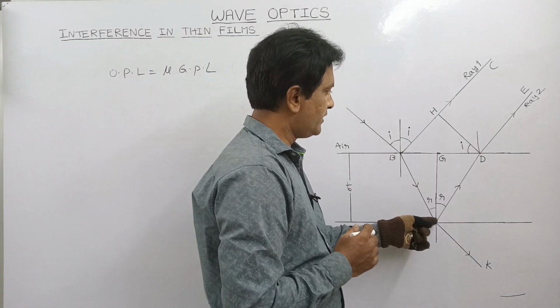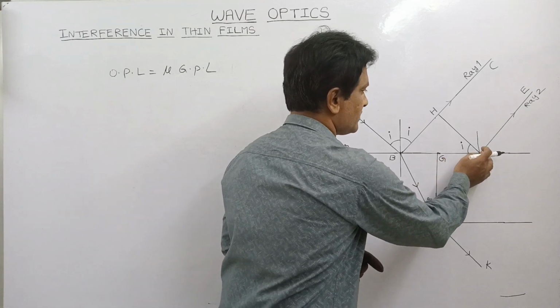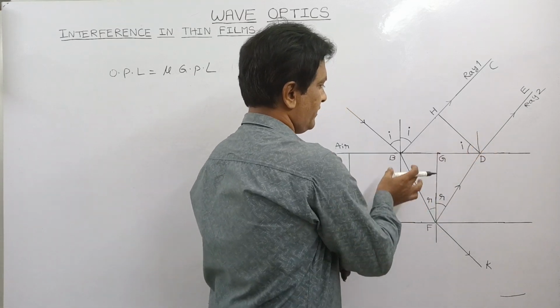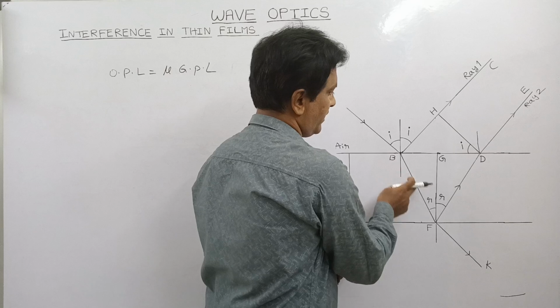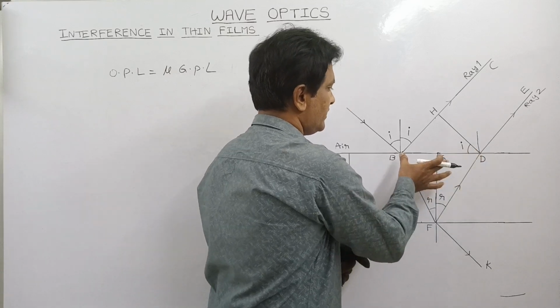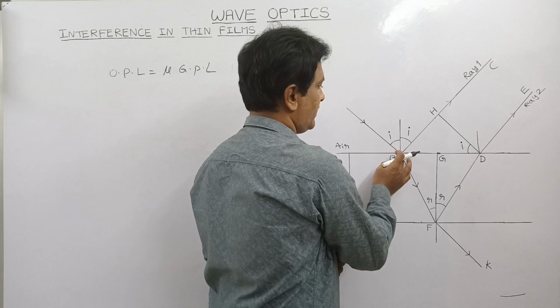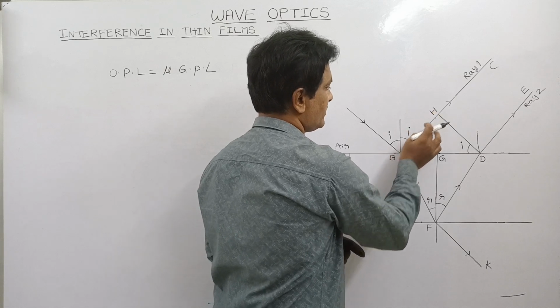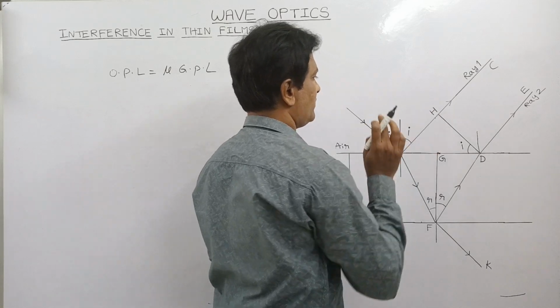If you observe the geometric path difference, you can say while the ray is passing from here to here and here to here, and again it is refracting from this medium, in this time while the ray is refracting here and again being reflected, the reflected ray at this point will be traversing from this point to this point.